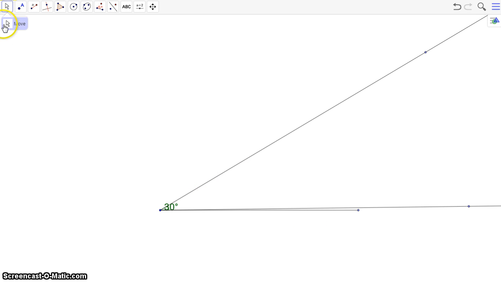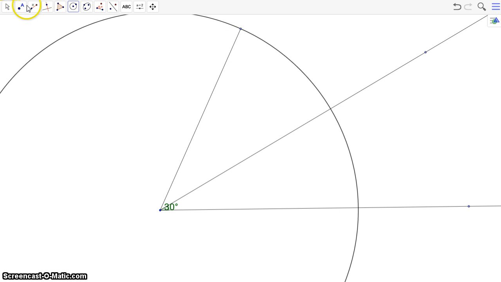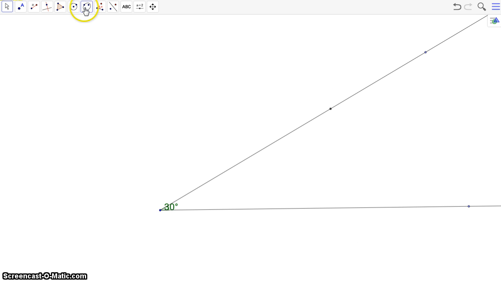And so now when I move it over, I want to match it up. And just for accuracy, I'm not just going to line it up. I want to make sure it's the same length. So I draw a circle and put that point there. Hide this stuff. And another segment.